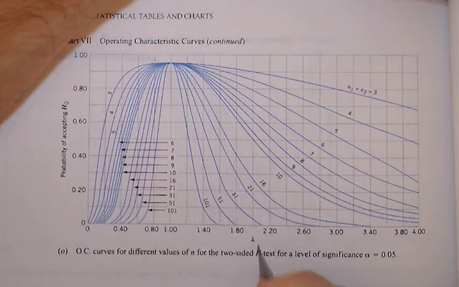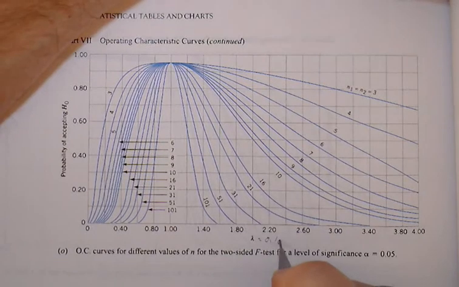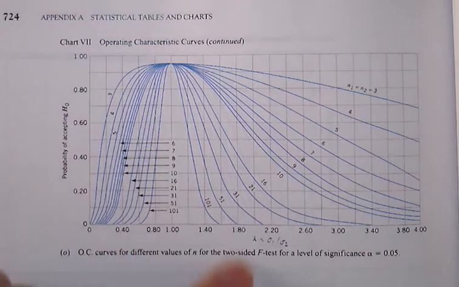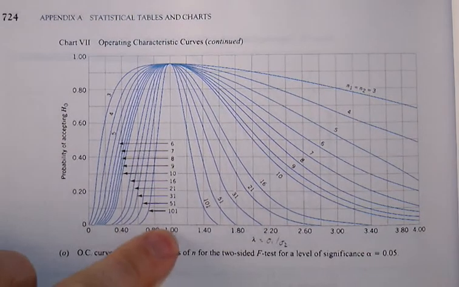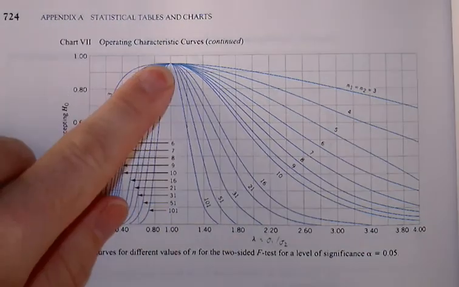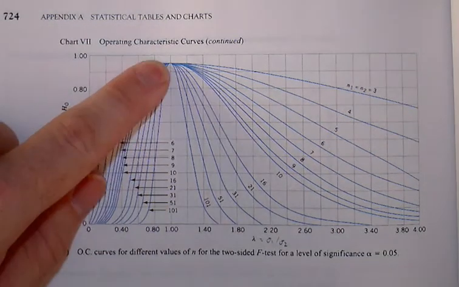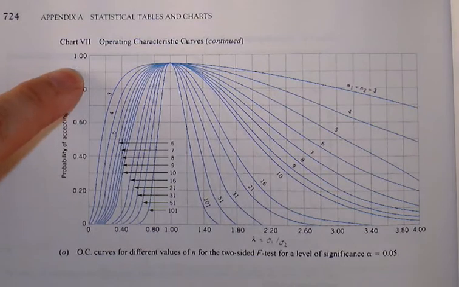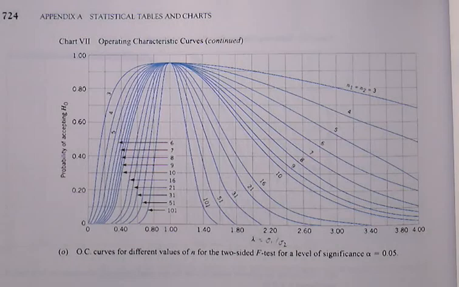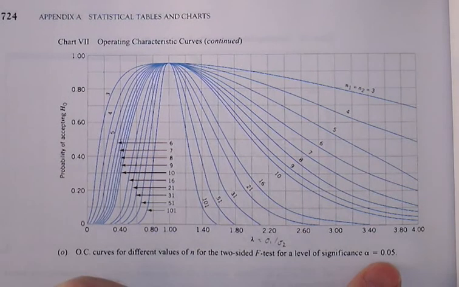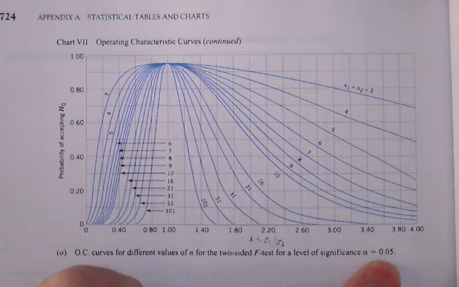Lambda is the ratio of sigma 1 to sigma 2. That's something else they really should have in here. But note what that value is when that is equal to 1. It's 0.95. So that's the beta value. Ooh, that's real high, but 0.95 corresponds directly with this 5% significance.